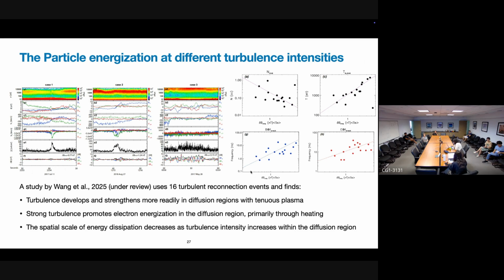Their survey also shows that with a stronger turbulence level, here showing the frequency but you can understand it in spatial space, you will have a smaller scale length in your system while having a higher magnitude of turbulence. So this is what we see from MMS.